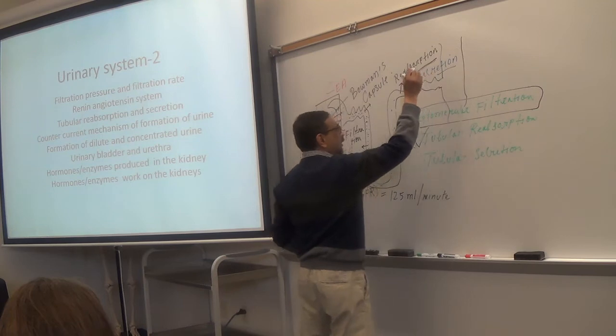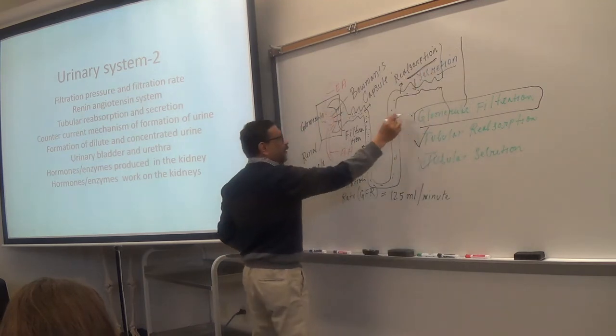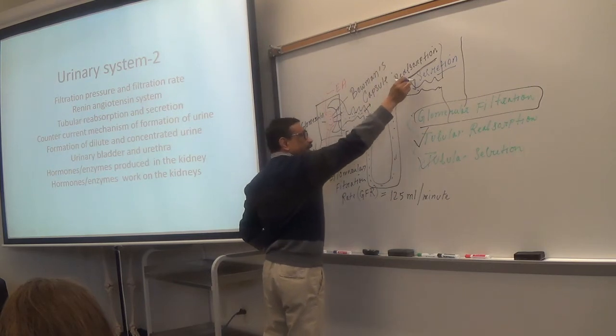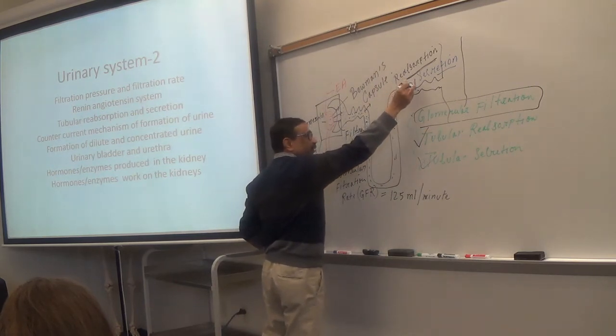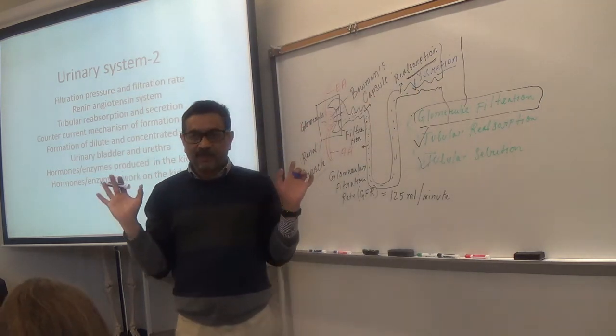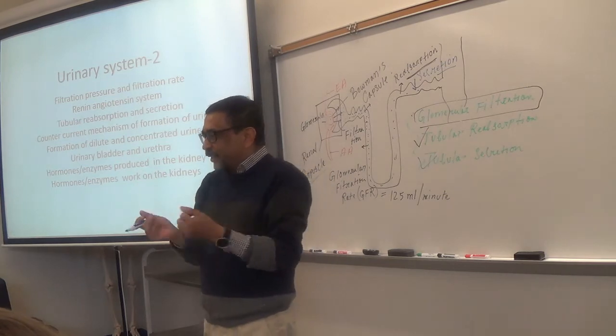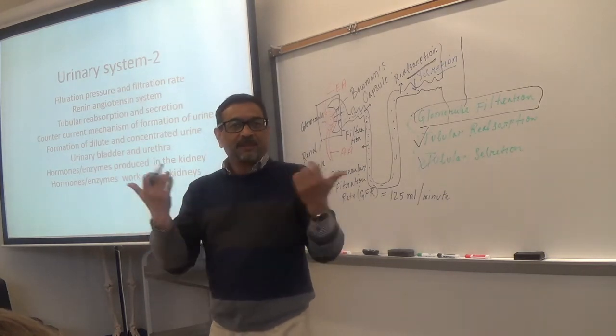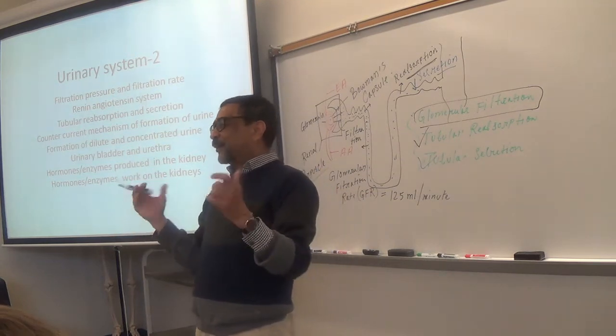So now you see that these are 3 processes: glomerular filtration, tubular reabsorption, and tubular secretion. And reabsorption and secretion are just what? Opposite. Is it clear? And I said reabsorption means it gets back to the body.